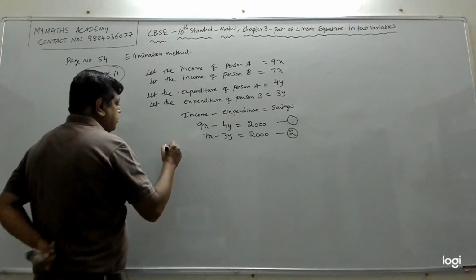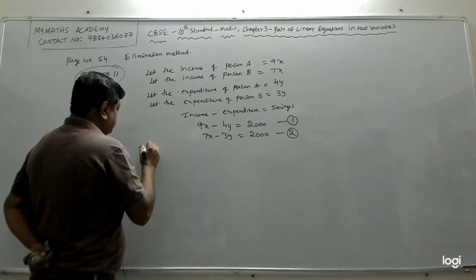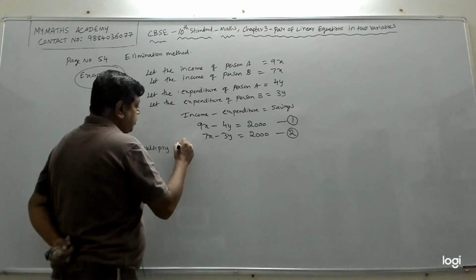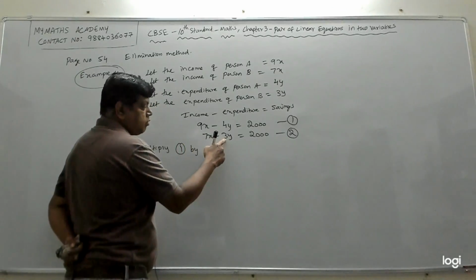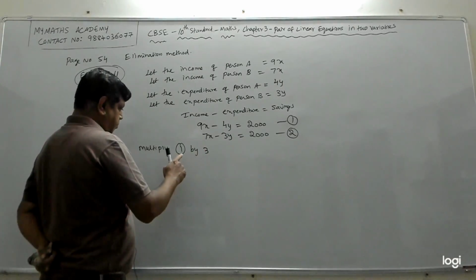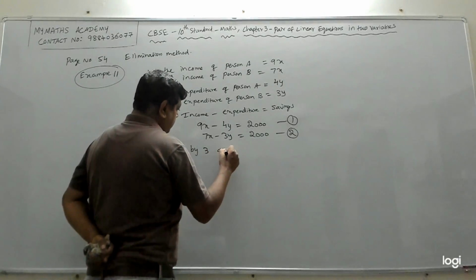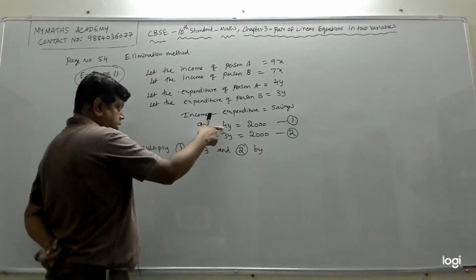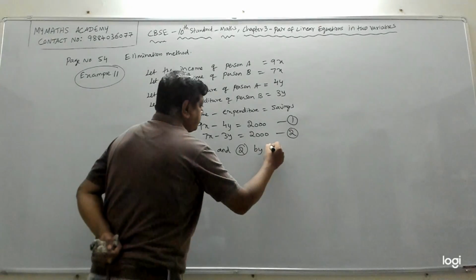Multiply the first equation by the coefficient of y, which is 3. Don't worry about the sign, just 3. Multiply the first by 3 and the second equation by the coefficient of y in the first equation, by 4.